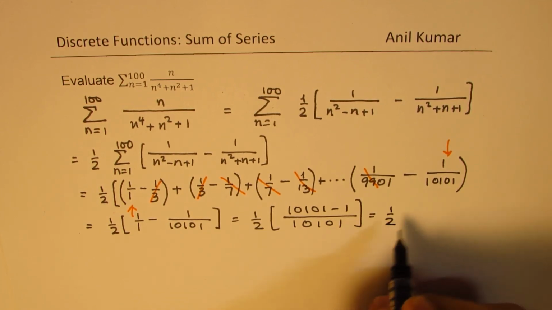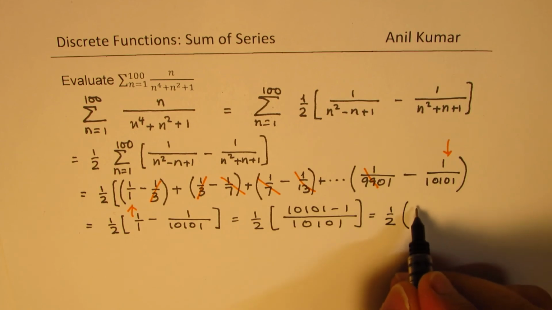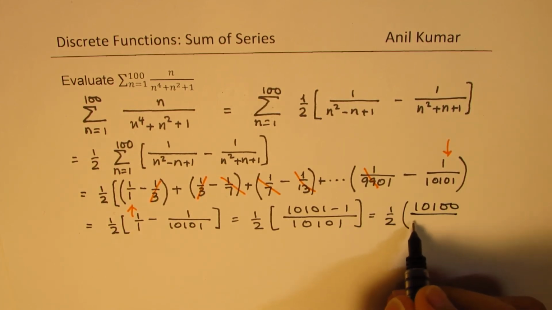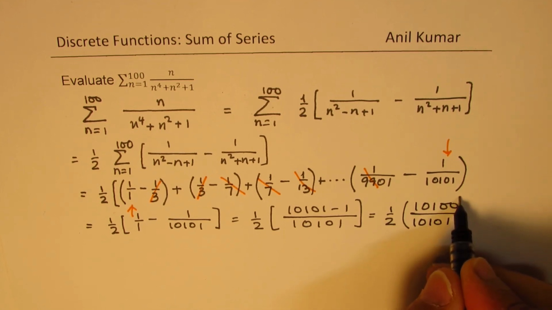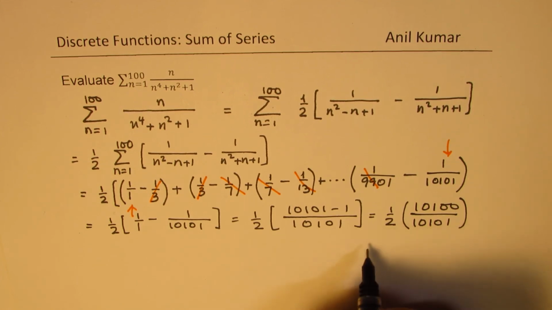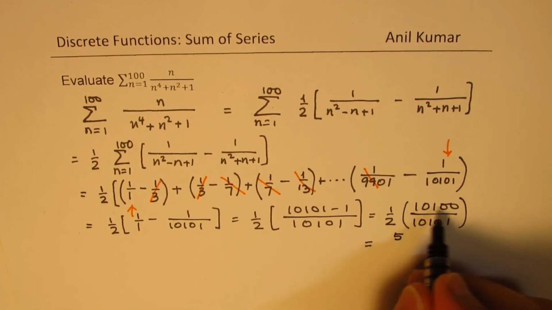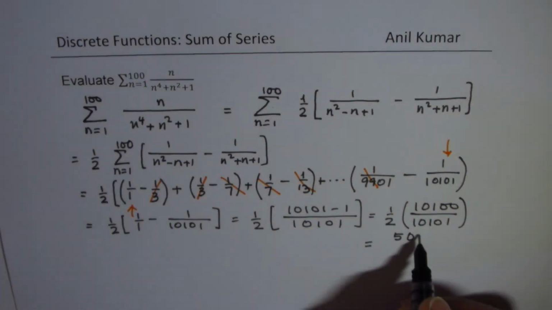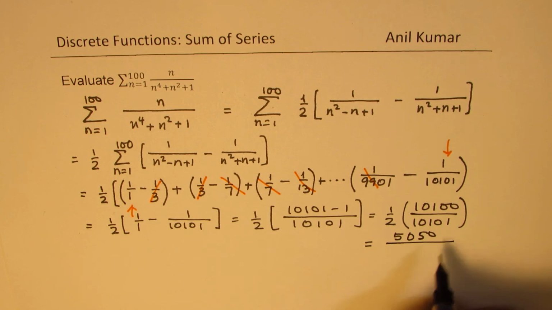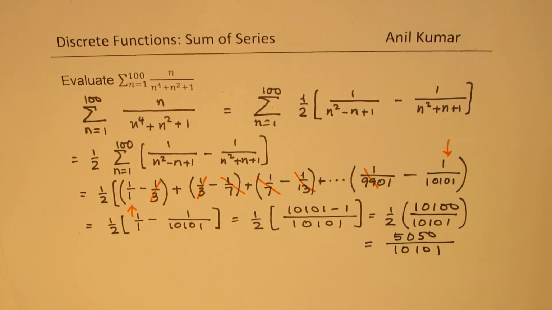So which is half of 1, take away this one, so 10100 over 10101. And you can divide this by 2 to get your answer, which is equal to 5050 divided by 10101. Perfect. So that is how we get the solution of this particular series.